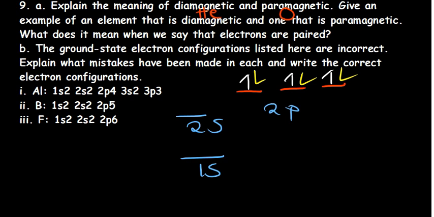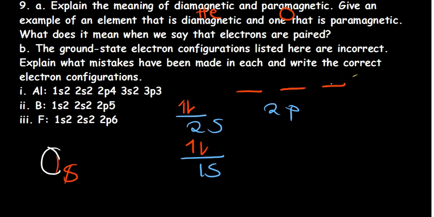Of course we know oxygen has, that's the atomic number of oxygen. Is it 6 or 8? It's 8 actually. So if you try to fill in electrons, we're going to have 1, 2, 3, 4.